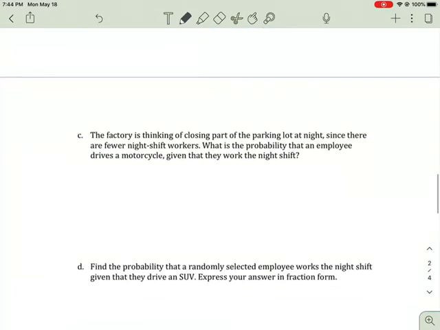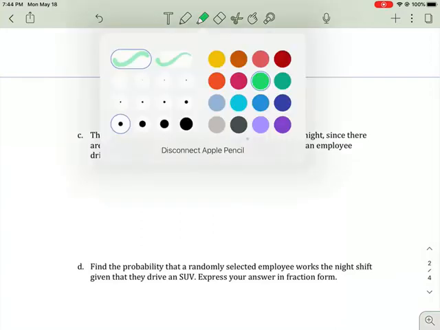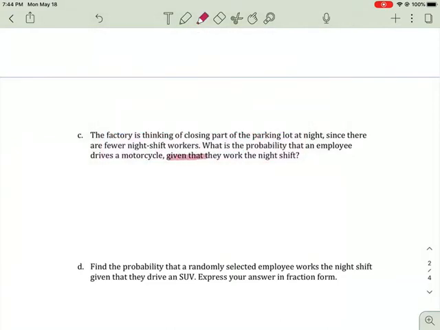All right, so again, we're still using this table. And the factory is thinking of closing part of the parking lot at night since there are fewer night shift workers. What is the probability that an employee drives a motorcycle given that they work night shift? All right, this is a conditional probability because we know something is going to happen. We know that they work the night shift.